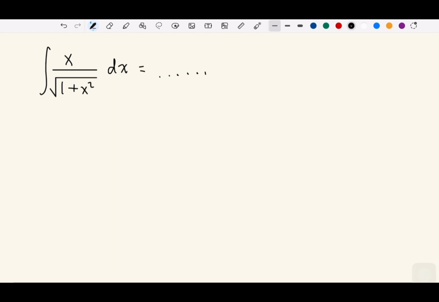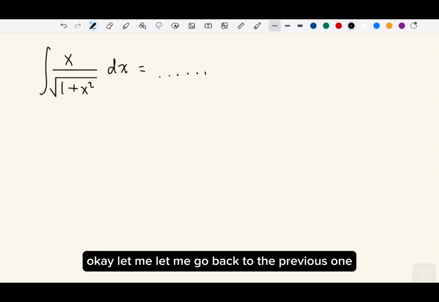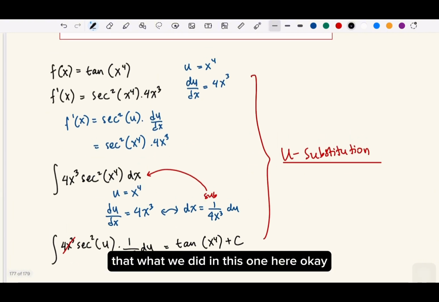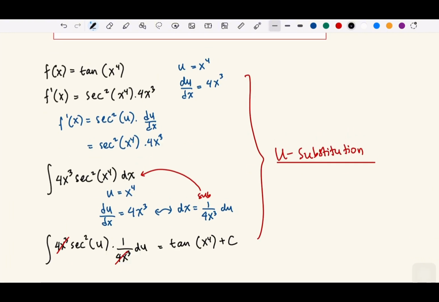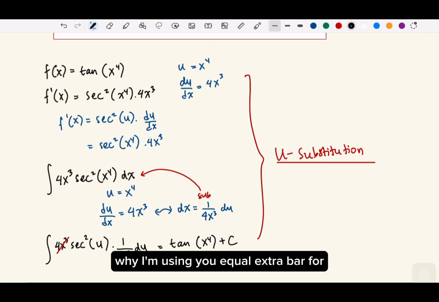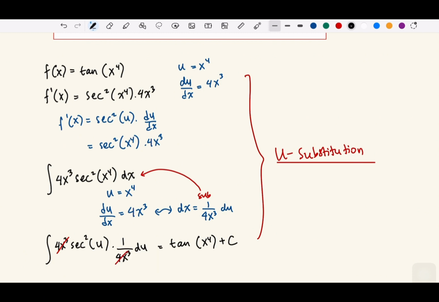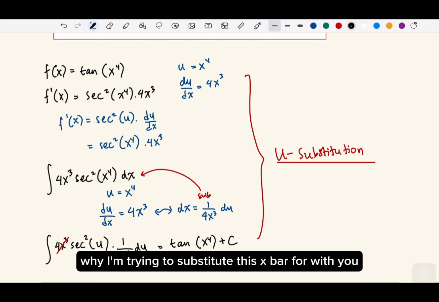Okay, let me go back to the previous one that we did. Why am I using u equal x to the power of 4? Why am I substituting this x to the power of 4 with u?